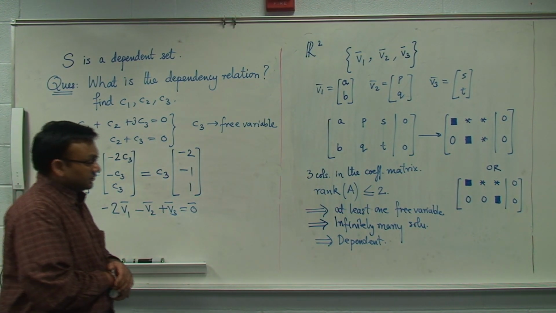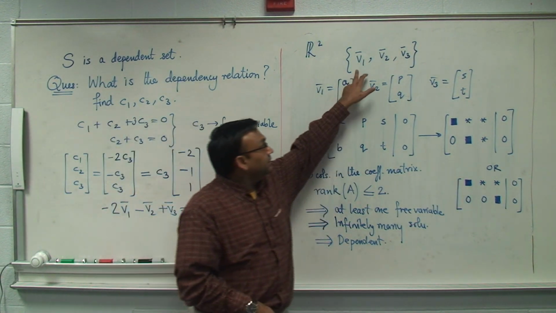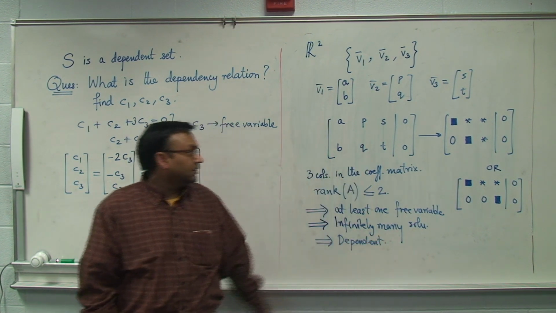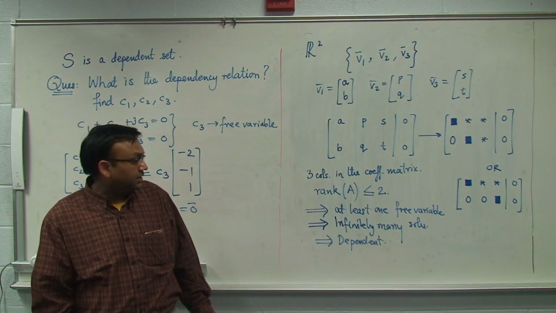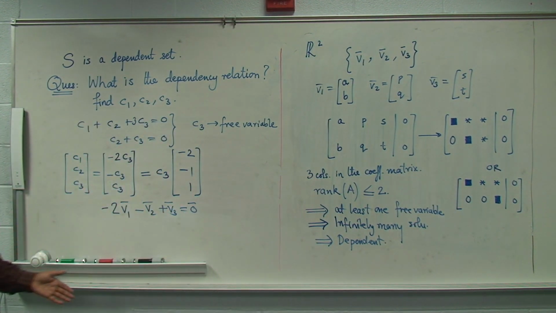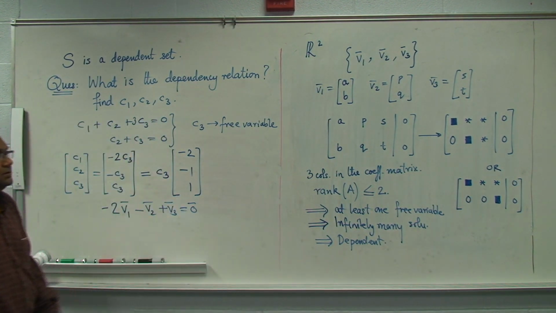So the moment we say the set is going to be dependent, what is the conclusion? The conclusion is, if you give me any three vectors in R2, I can always guarantee they will form a dependent set. So in some sense, 2 is that threshold above which things become dependent, below which things may remain independent.